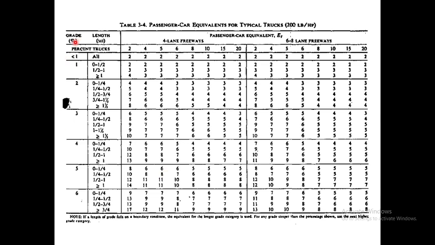Okay, so for different grades and different lengths, you can find different equivalents for trucks, but this one is for typical. So remember, as I mentioned, choosing the right and specific table is the most important thing for calculating the factor for heavy vehicles.